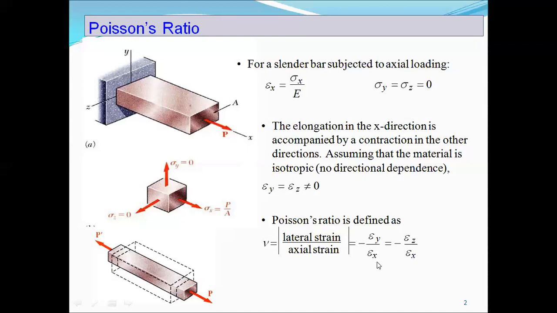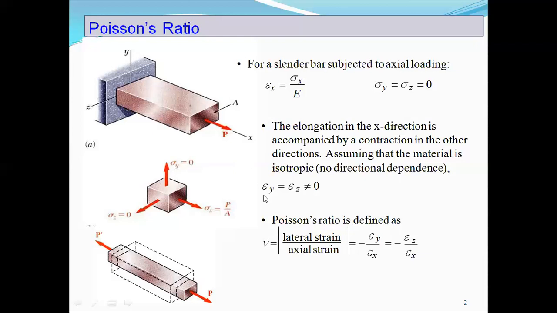So axial strain is epsilon x, and for y direction, the lateral strain is epsilon y. So mu is equal to minus epsilon y by epsilon x. And this negative sign shows that epsilon y would be negative, or these two would be opposite to each other. Why would epsilon y be negative? Because if there is elongation along x-axis, we expect that there would be shortening along y direction.